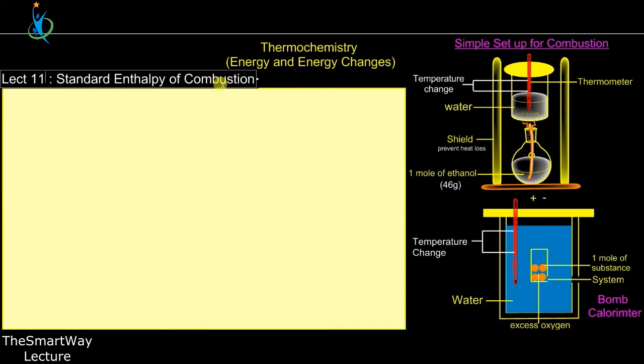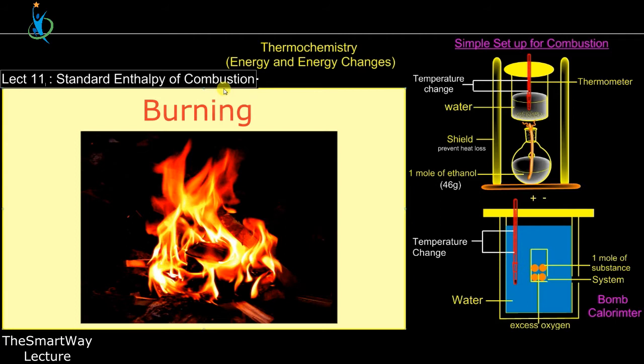Now, this is very simple. We have all burned substances before, we have burned papers, we have burned cloth, we have burned so many things, and we even burn gas in our gas cylinders for cooking. Now, this burning takes place in what? In oxygen.